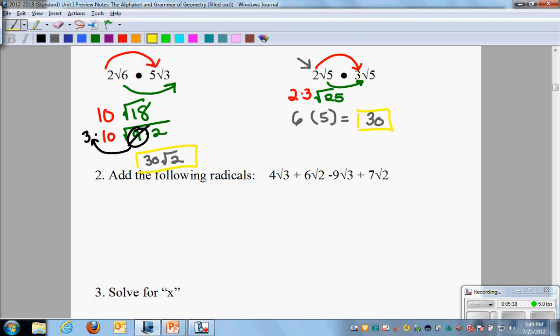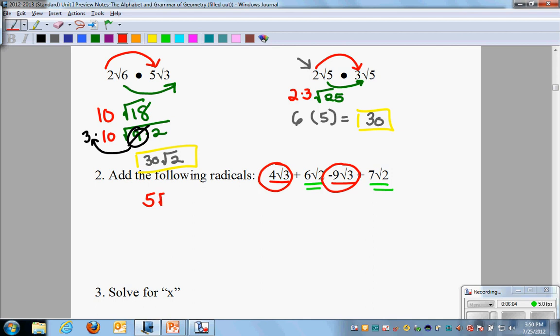When you add radicals, it follows the same rules as variables. You can only add a like kind. So here we have a root 3 and another root 3 and a root 2 and a root 2. So we can only add like kinds. So I'm going to circle this. So I have 4 minus 9. That's negative 5.